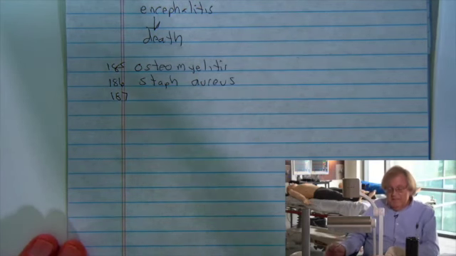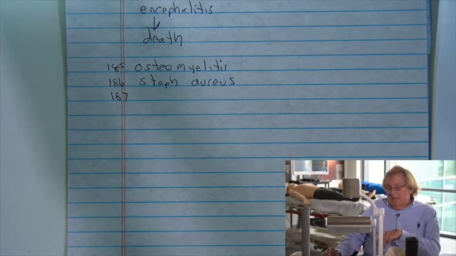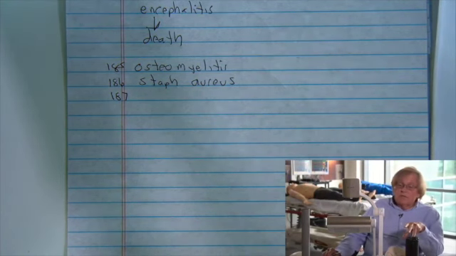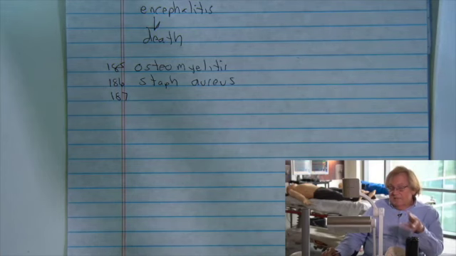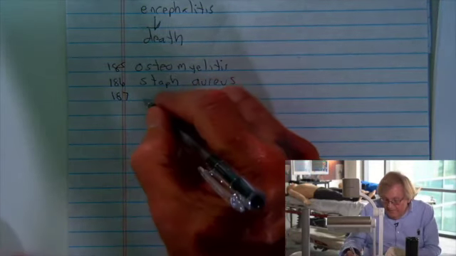Remember, Lyme disease comes from a tick. The tick passes it on to you, and so it develops an arthritis. Since it's an arthritis from a tick, it's called an infectious arthritis.